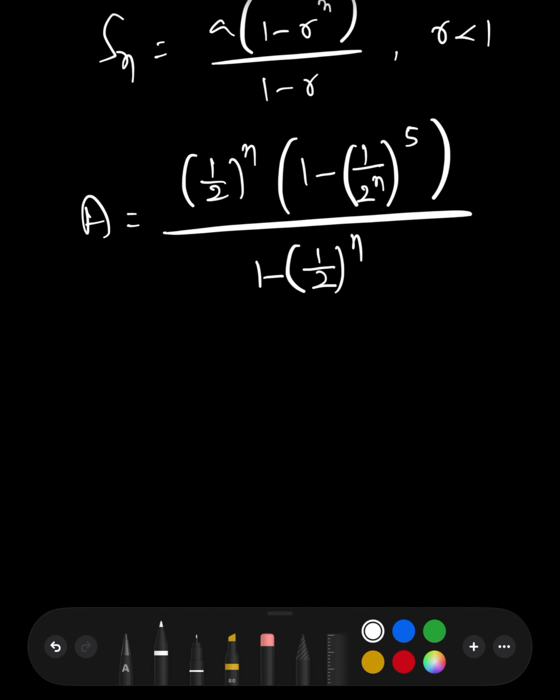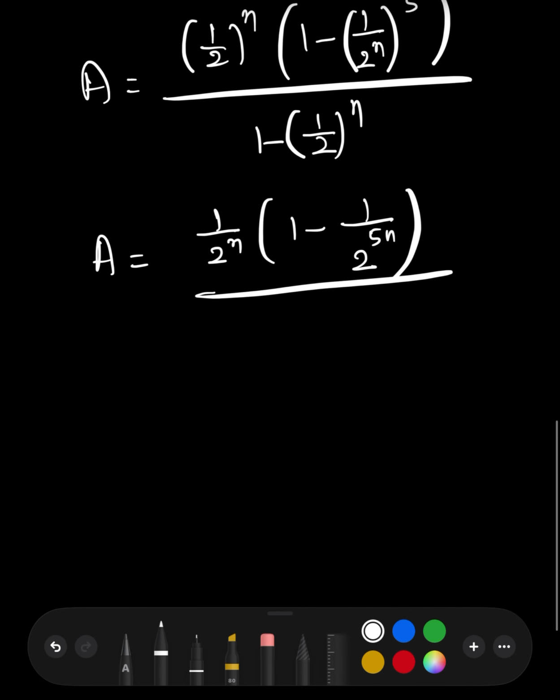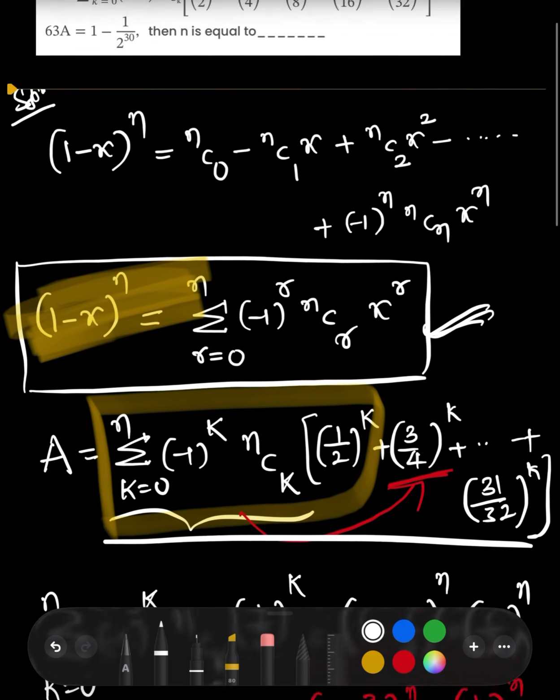Now if you observe this clearly, A equals (1/2)^n into 1 minus (1/2)^(5n) divided by 1 minus (1/2)^n, right?